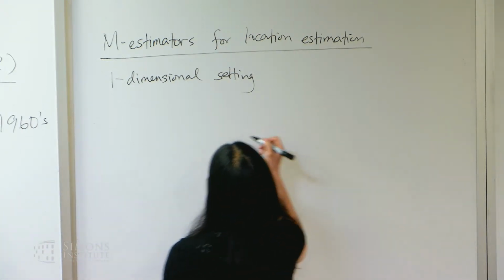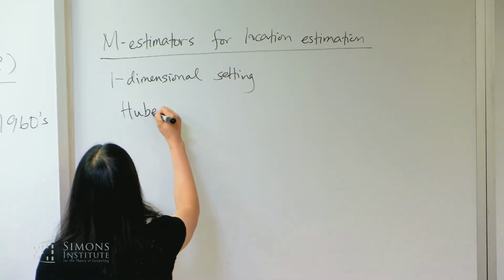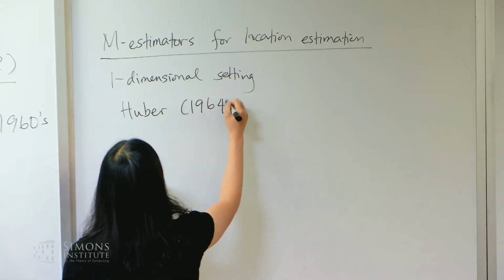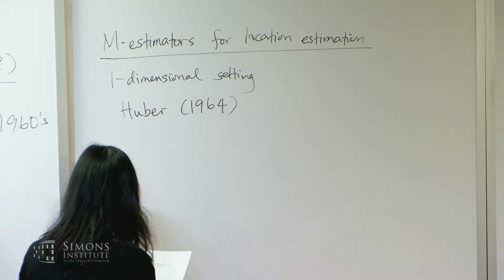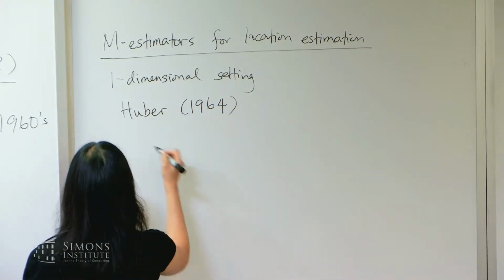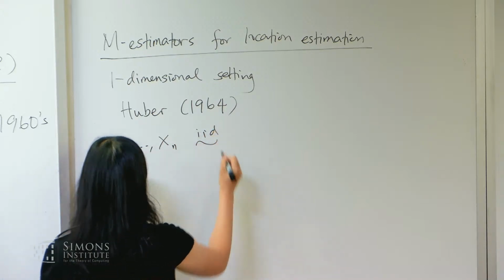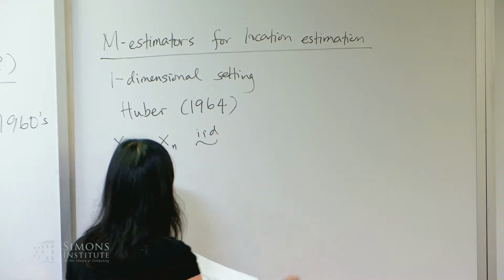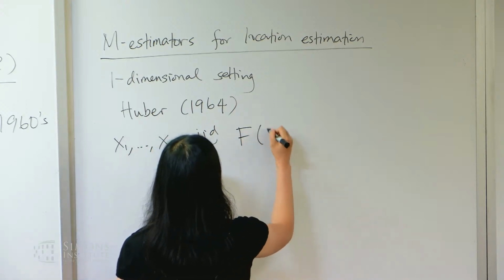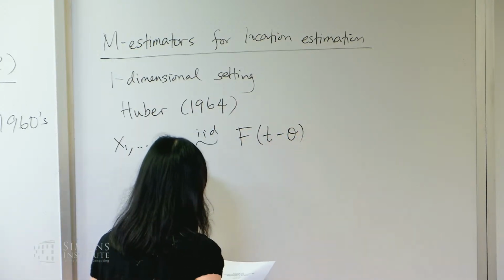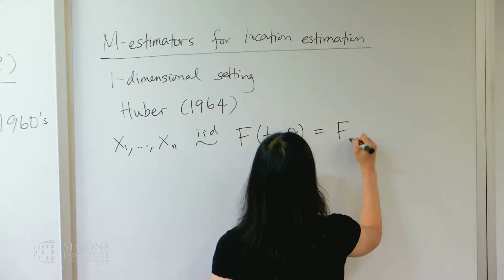This comes from a paper by Huber from 1964. And the setting is the following. We assume that we have x1 up to xn, and these come IID from what's called a parametric location model. We'll write it as F(t - theta), which is F_theta of t.